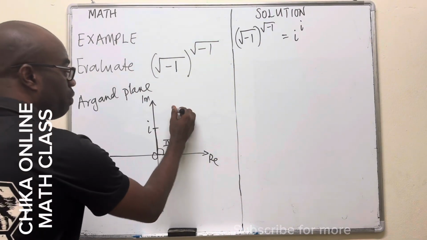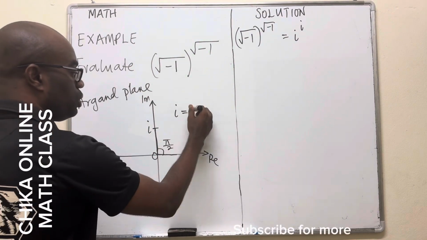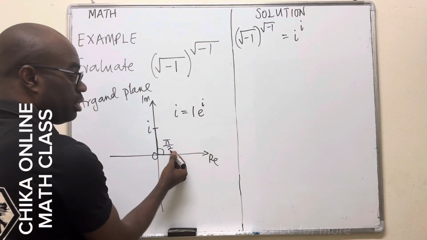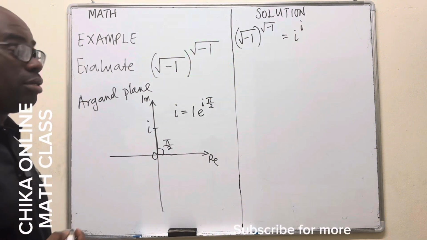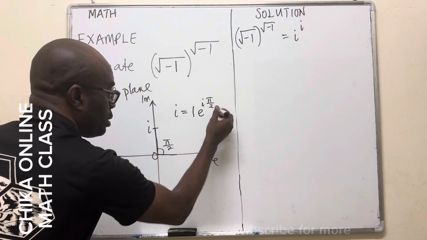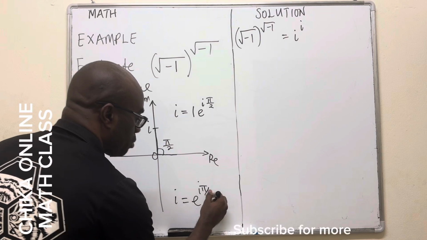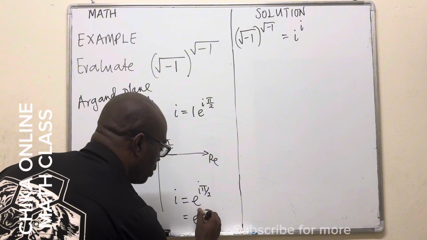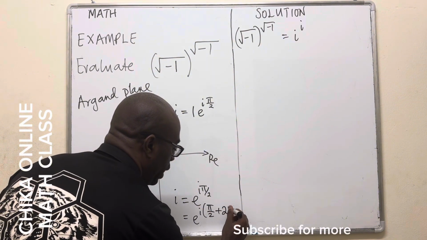So with that we find out that the complex number i is equal to the modulus, which is 1, times exponential i pi over 2. But for the sake of completion, we have to write this as exponential i times pi over 2 plus 2k pi.